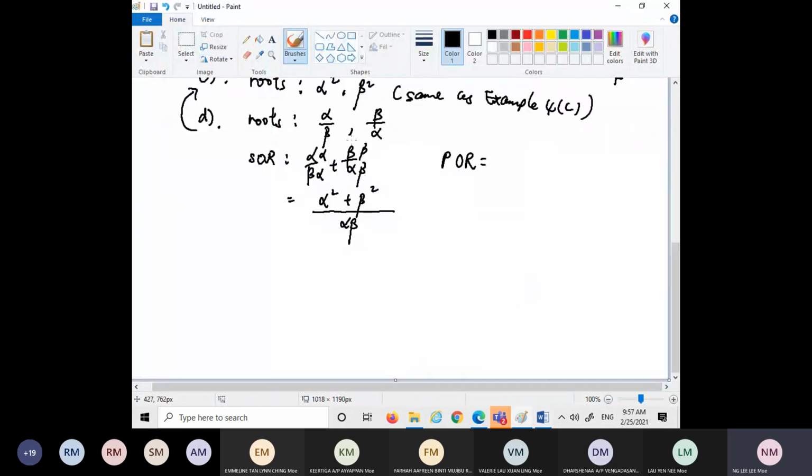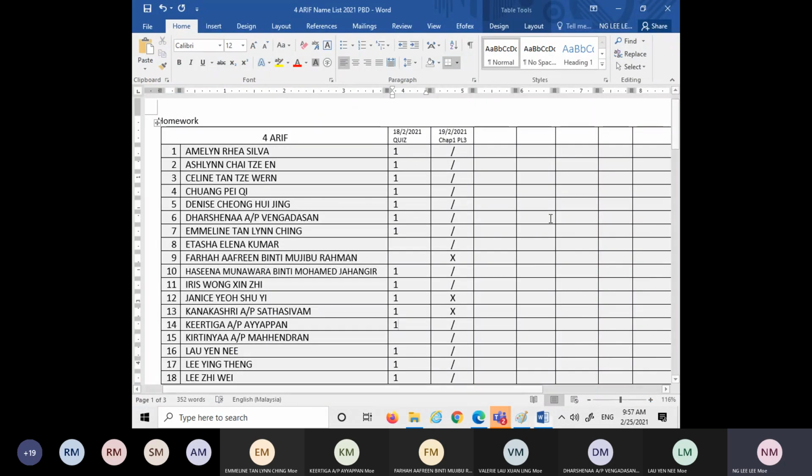Now POR is the product of roots. So times. I think this is simple. Cut. So after cut, what is the balance? Oh, my question is so simple. Itasha, I give you back. Itasha, you can type.